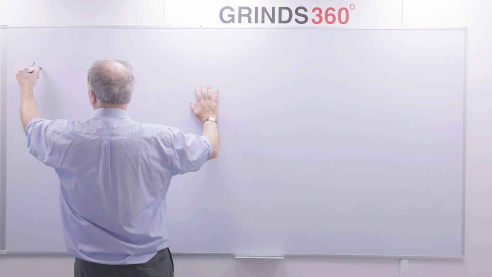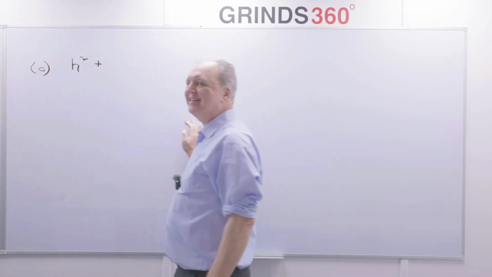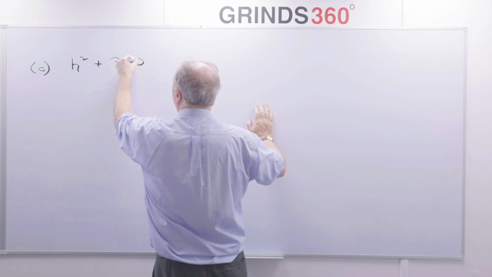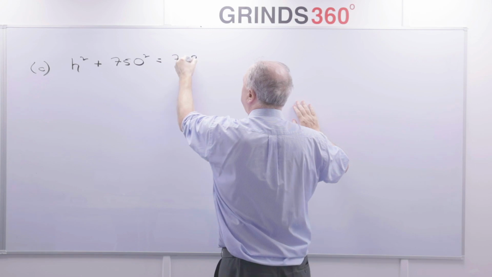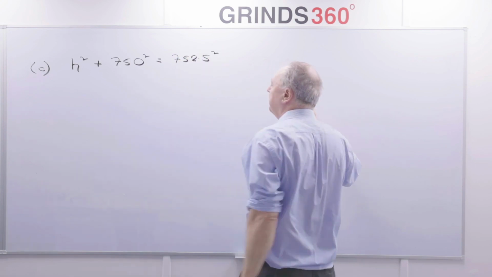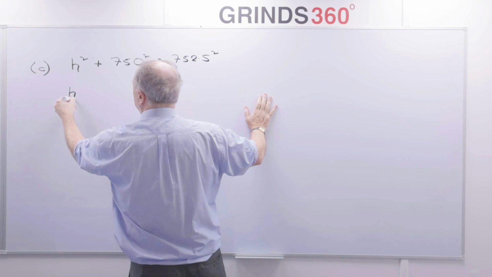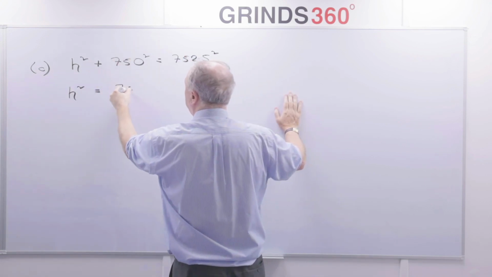So for part C, I've got h squared plus 750 squared is equal to 752.5 squared. We'll solve that first of all for h squared. Jump the 750 squared across.